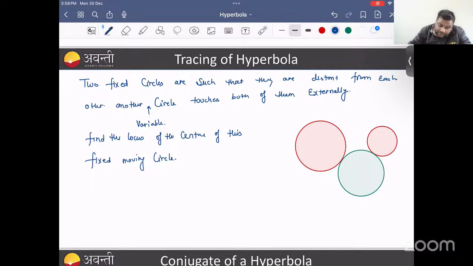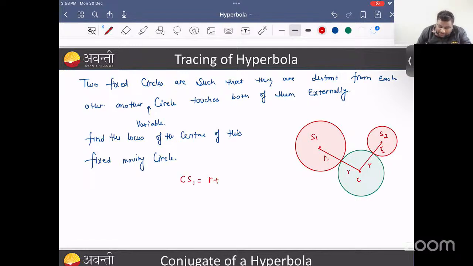Now see, this is the center C, which is a moving circle. This is the first given circle, say with center S1. Its radius is R1. This is the second circle with center S2, and its radius is R2. Let us assume this moving circle has radius R. Now what is CS1?